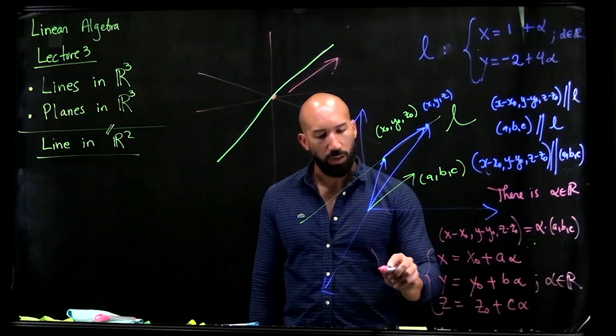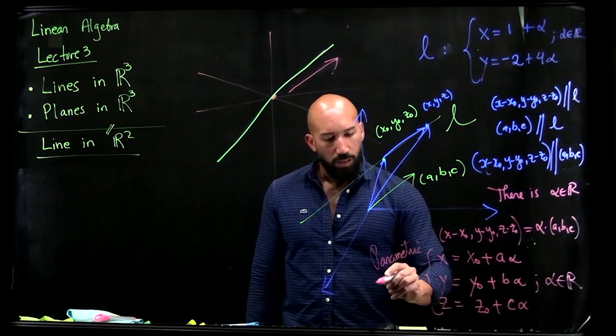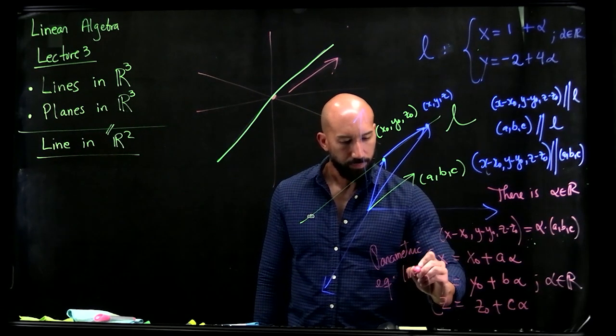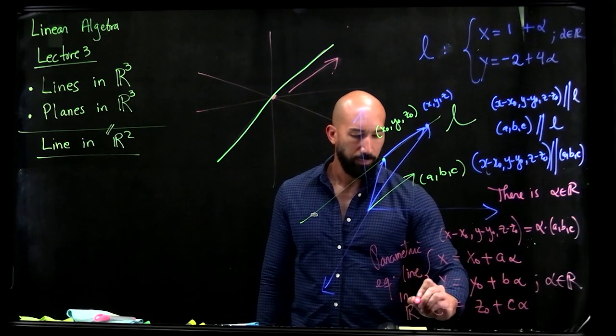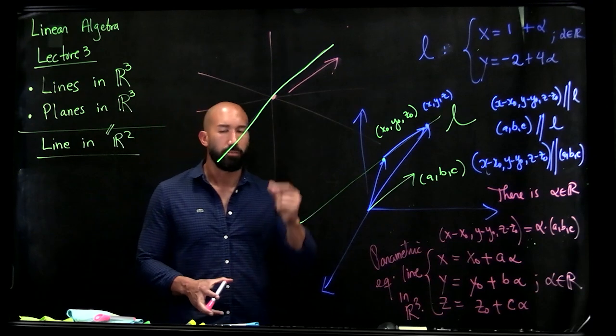And this is the parametric equation of the line in R3. Okay, so pretty much the same thing.